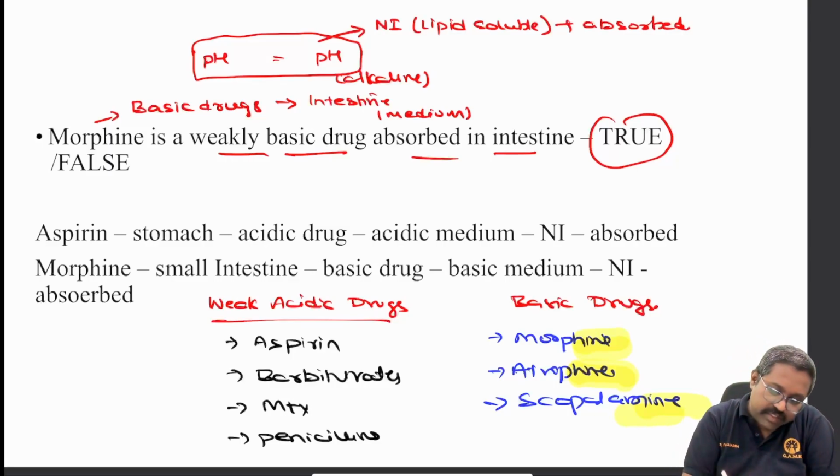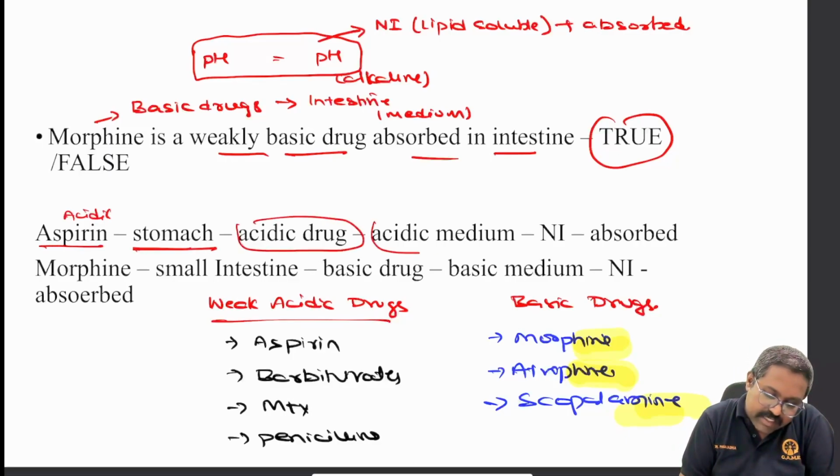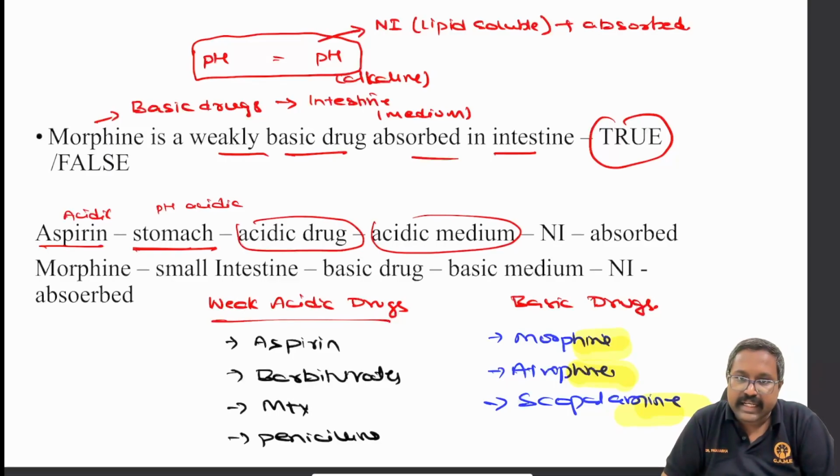So the concept here you should remember is, whenever aspirin is given, as you know aspirin is a weak acidic drug, when it enters the stomach, the acidic drug is in an acidic medium, since the stomach pH is acidic in nature. Thereby it forms a non-ionized form, which will be easily absorbed from the stomach.